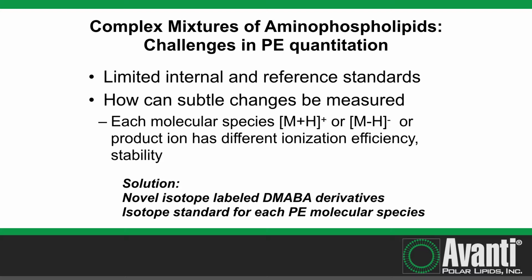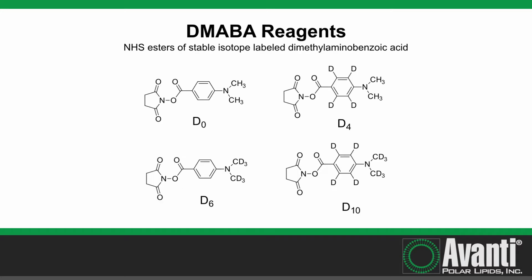And those are the major driving factors which are going to change that relationship between ion abundance and ion concentration, or PE concentration. So the solution to this, what I propose to you, is this novel isotope-labeled dimethylaminobenzoic acid derivative standard.